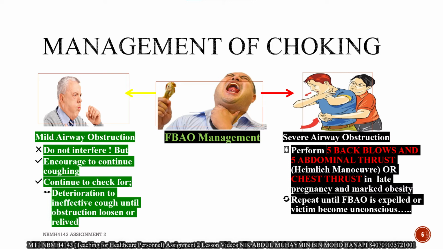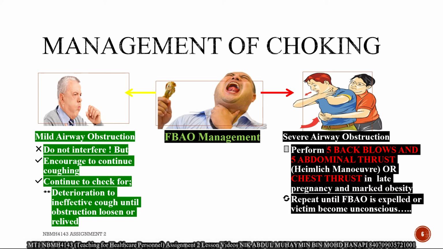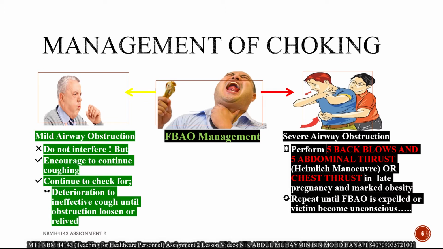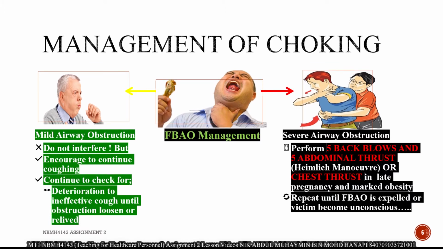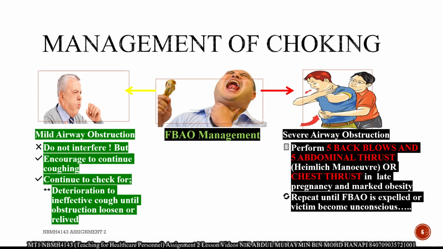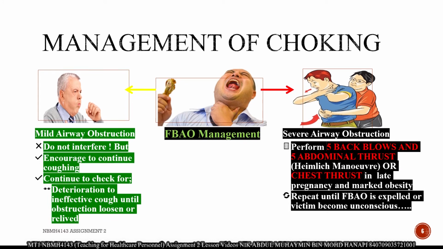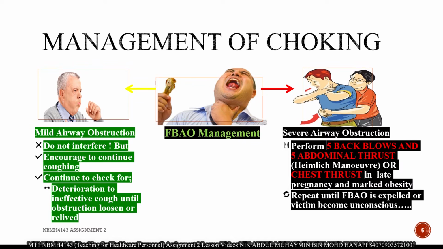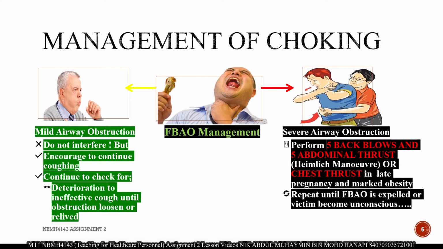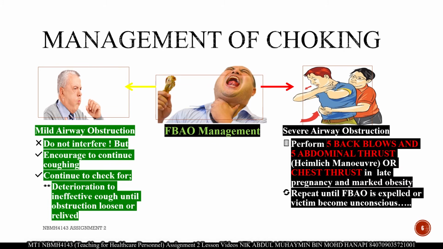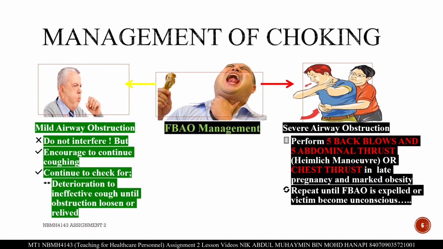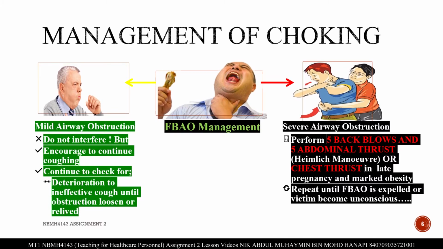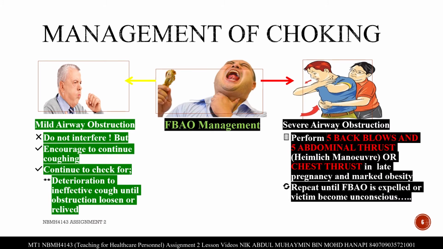The cycle of 5 back blows and 5 abdominal thrusts will continue until the foreign body is fully expelled or dislodged from the victim's airway, or until the victim becomes unconscious, where the rescuer will perform the skill for an unconscious adult choking victim, that is CPR or cardiopulmonary resuscitation.